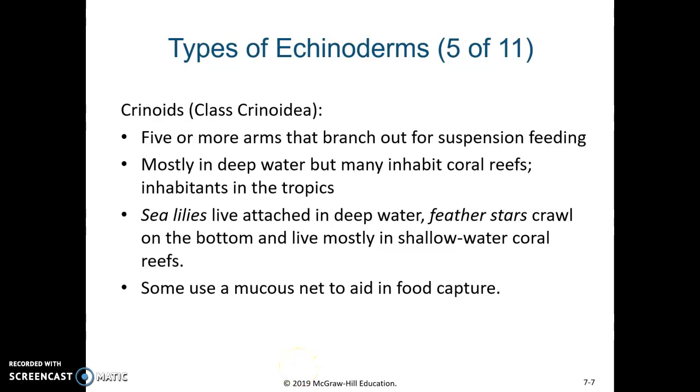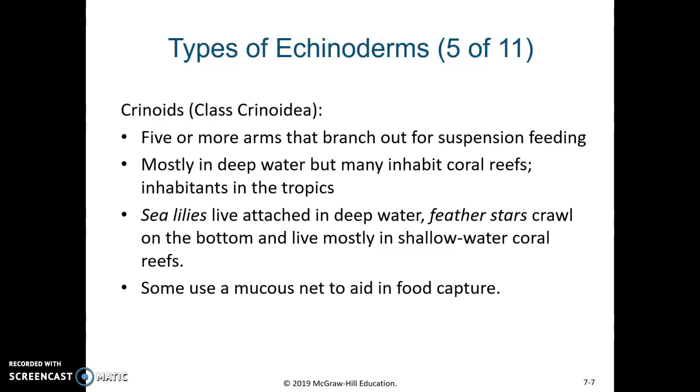Okay, well, welcome back. So if you're looking at your coloring sheet that we're just working on with the brittle stars, then you will see on the bottom right-hand corner there's a feather star. The feather stars are in the class that includes all the crinoids.